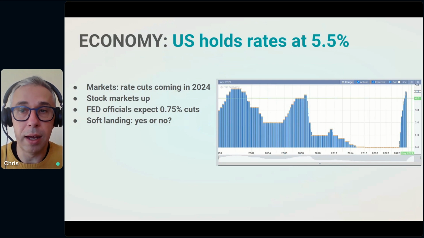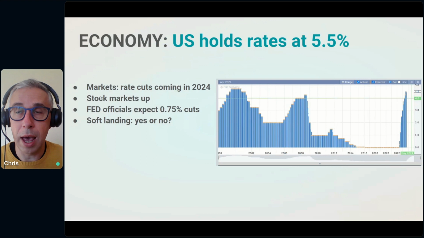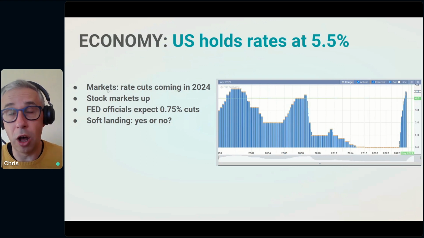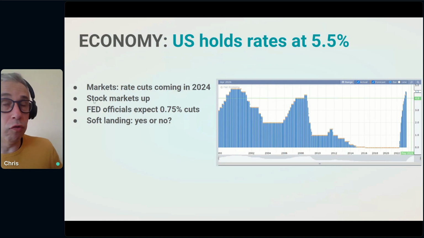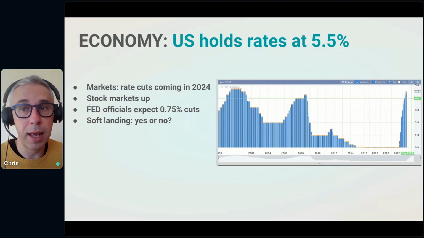Okay, so they see that as a small confirmation of what they already expected, and therefore the stock market was up and reached the intraday high, all-time high, I believe, as well. So so far, the Fed officials are also expecting in 2024 a 0.75% cut, so that would bring it from 5.5 to 4.75% in next year.